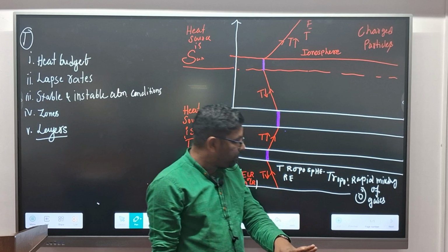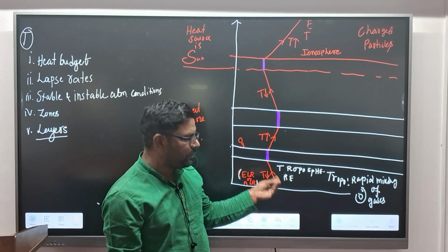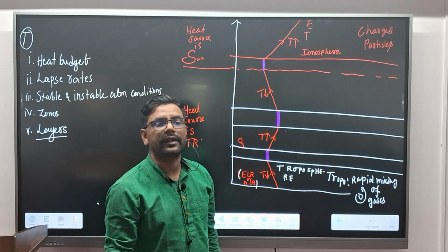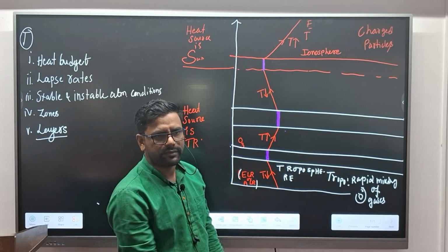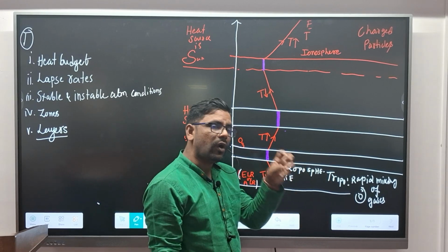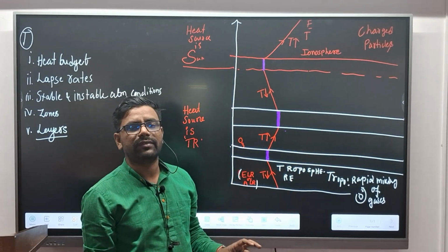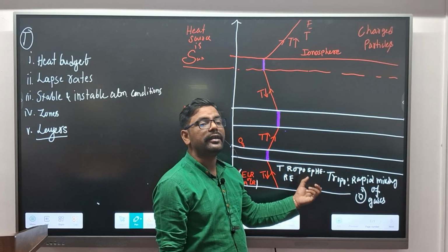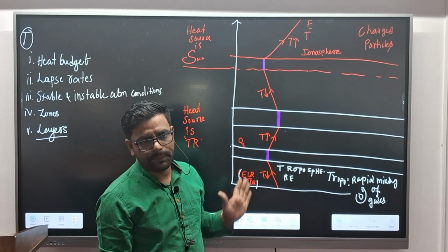And one more very important thing you have to know about the troposphere is that all the weather or climatological conditions we are going to discuss in coming classes, all those activities and mechanisms, this is the place where they originate and where they decay.